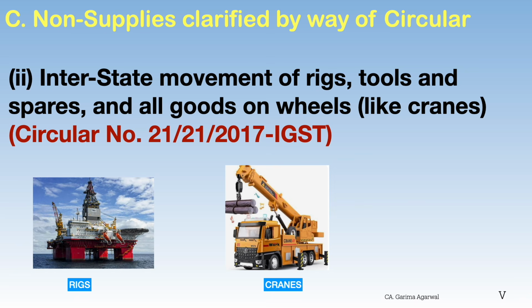It is basically rigs, tools, spares and all goods on wheels like cranes. So those are also part of this circular now. So this circular explicitly states that interstate movement of these specific goods when moved between distinct persons for operational purposes, it is not a supply of goods nor services. Consequently, no IGST is applicable on such movements.